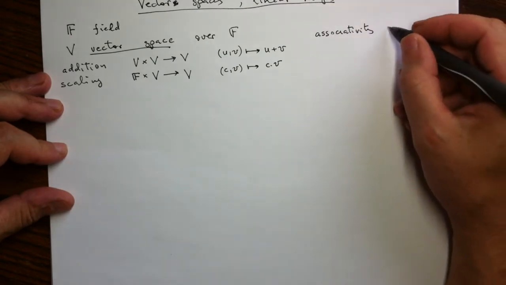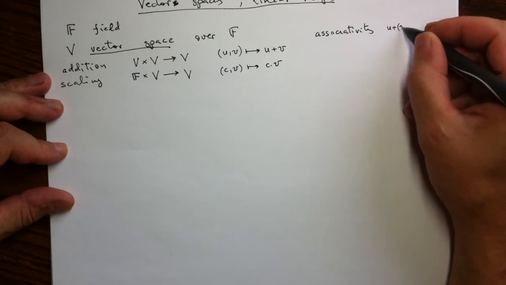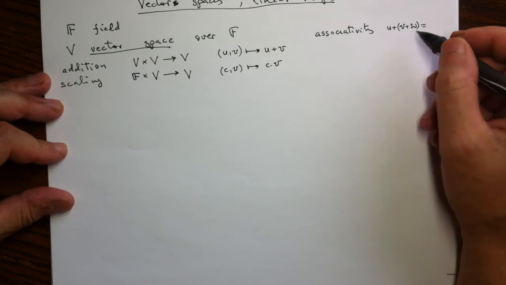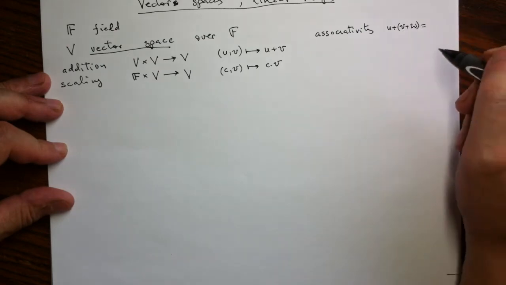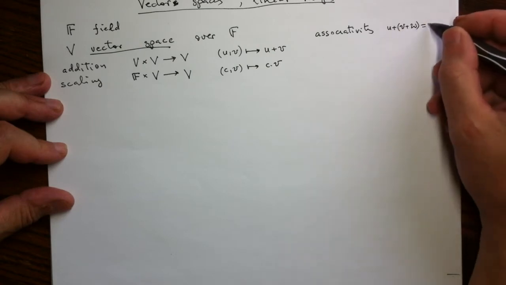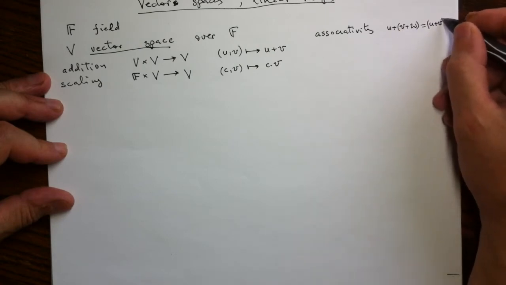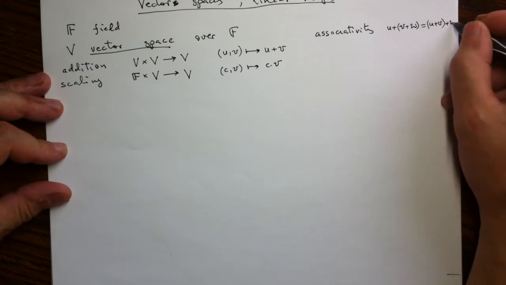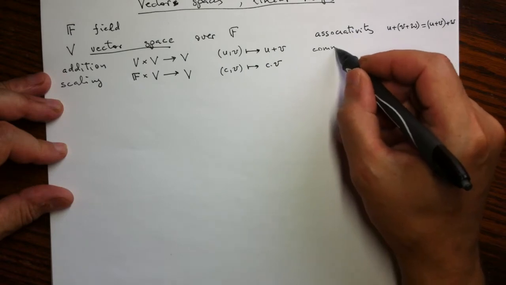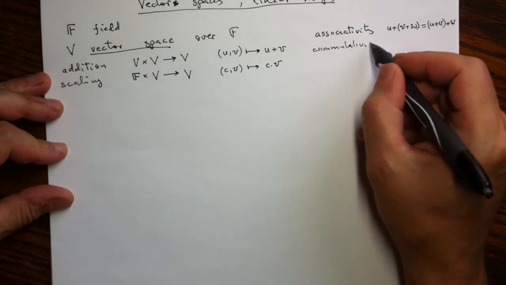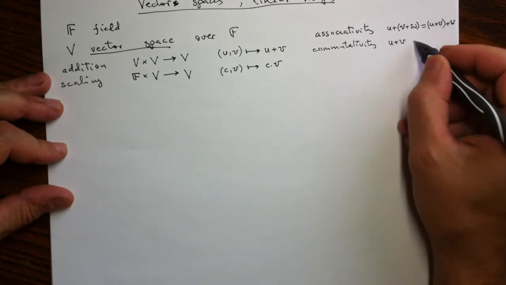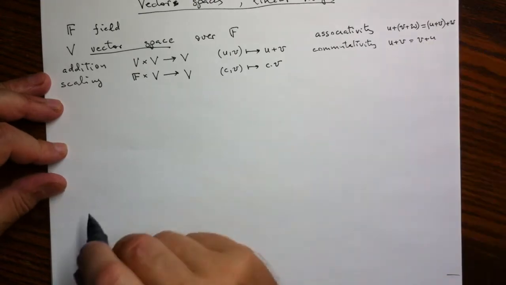It says that if we take any three vectors and first sum v and w and then add the result to u, it will be the same as if we start with u and take the sum with v and then add w to it. The second property is commutativity, which says that u plus v is the same as v plus u for any vectors.